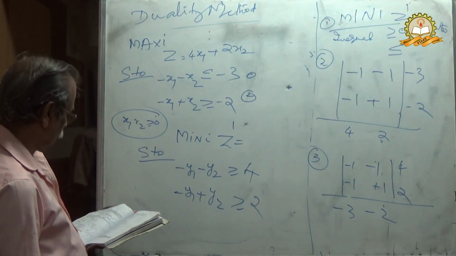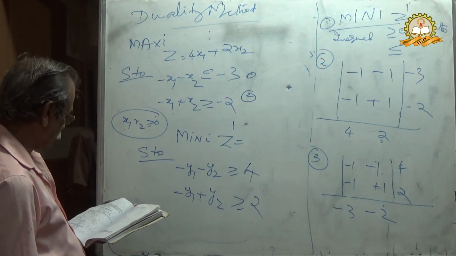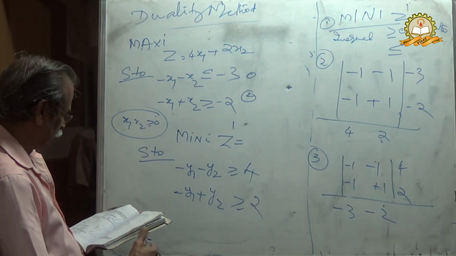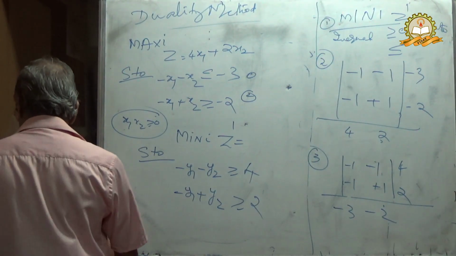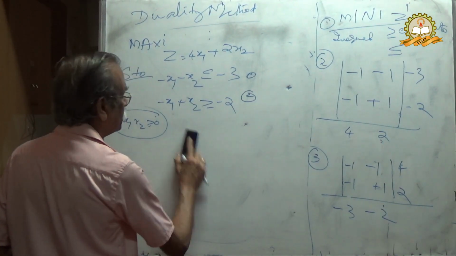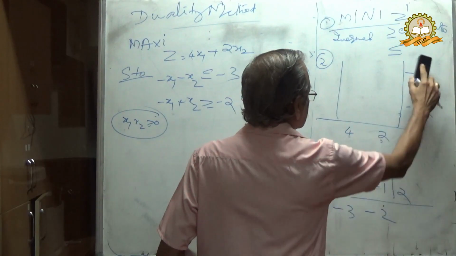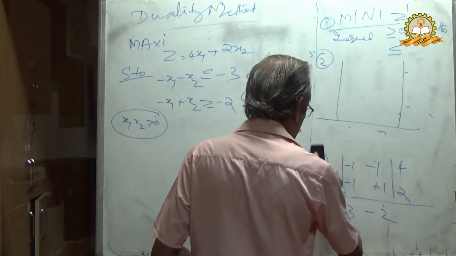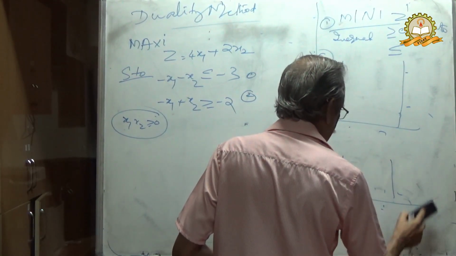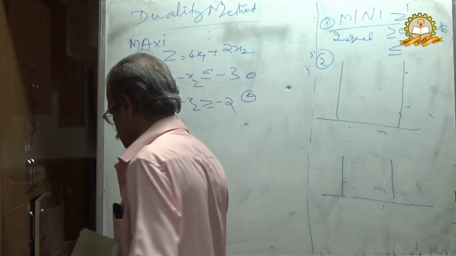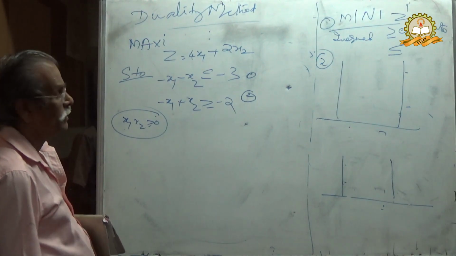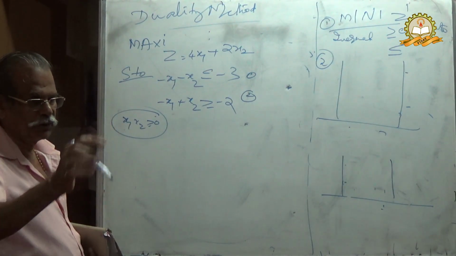Second was x1 plus x2 greater than or equal to minus 2. Here there is a small change, you cancel that, it's a wrong calculation. There is a small calculation mistake, I will repeat, cut away that, therefore we do it again.